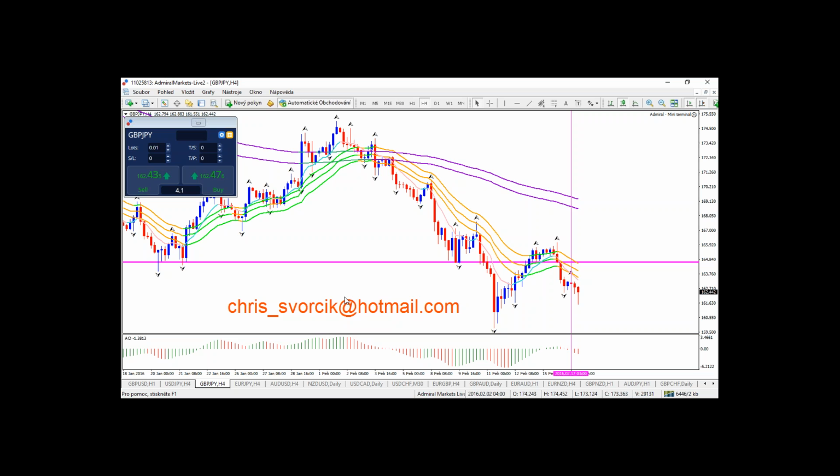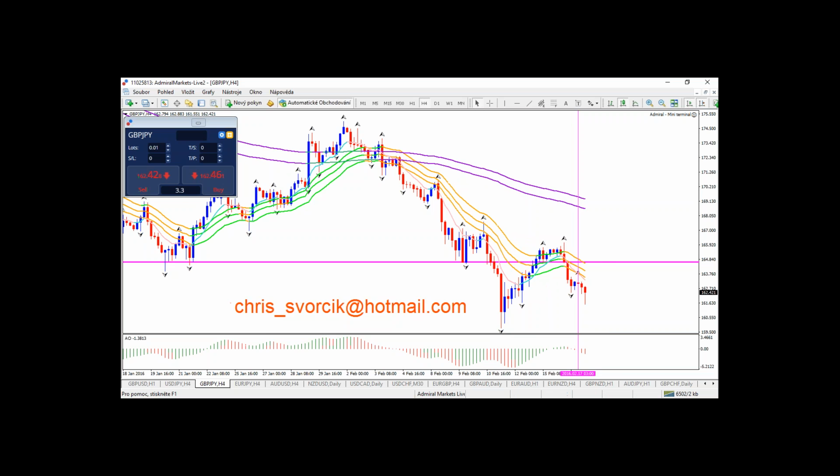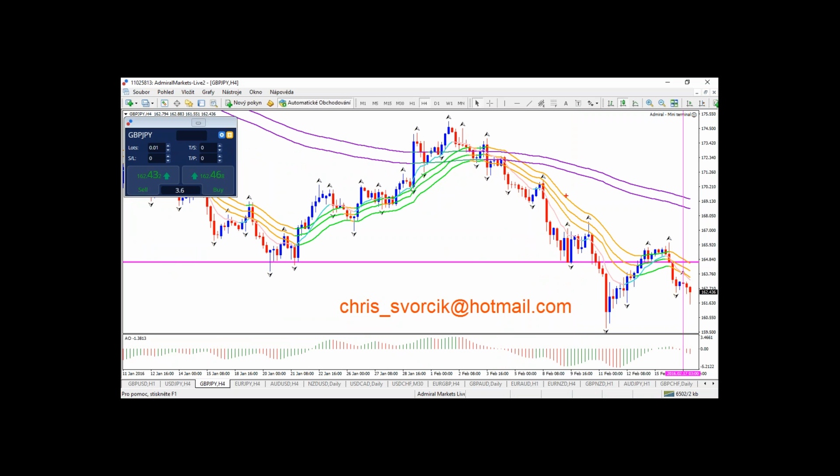So in this case, for instance, this was sufficient. This was sufficient, but also this is sufficient because I know it didn't escape the 21 EMA band. So it gives me more kind of vision about what is still a good pullback. Even if price reaches the lower part of the band, it's for me enough.